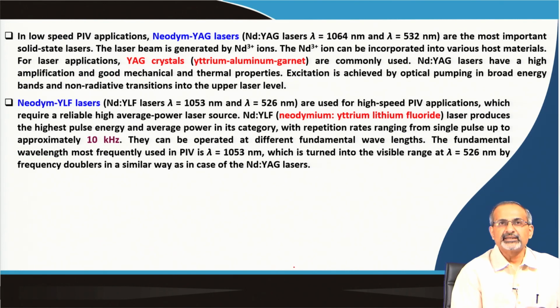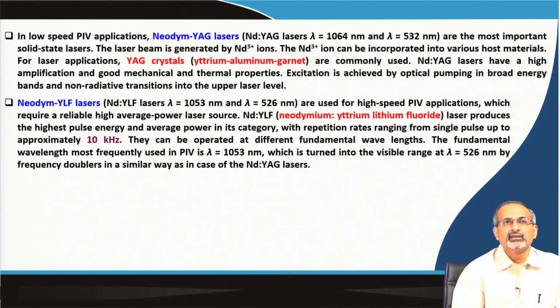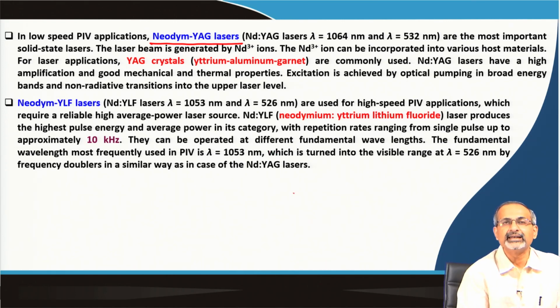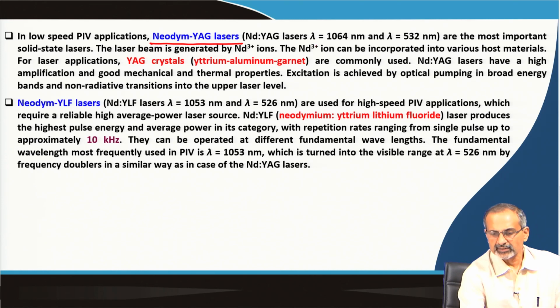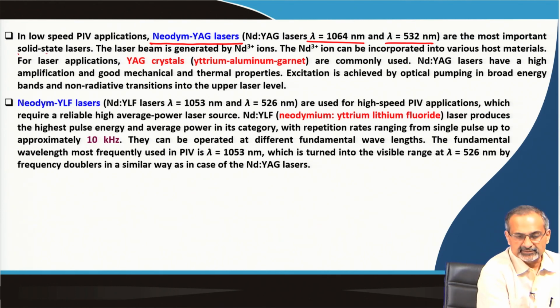So, this is the basics of laser, and in PIV, in low speed PIV applications, we have neodymium YAG lasers, or briefly called Nd YAG lasers. They have two wavelengths at which they can emit, and they are the most important solid state lasers.